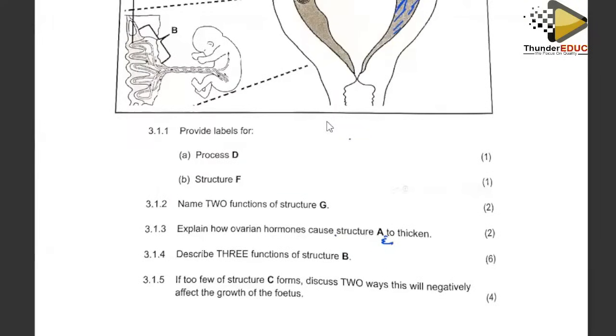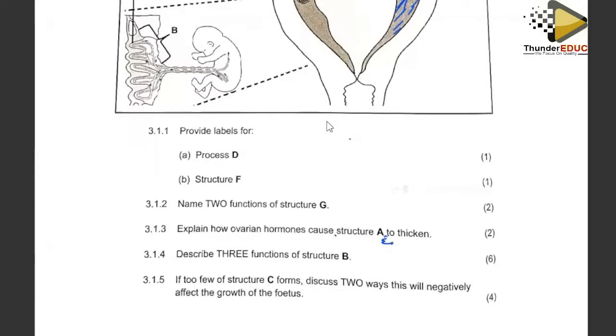So basically, you can talk about that, identify them. You can get a mark for that because they're just talking about ovarian hormones. Talk about these hormones, estrogen and progesterone. Yes, they cause the endometrium to become more vesicular, thicker, and more glandular. You understand?